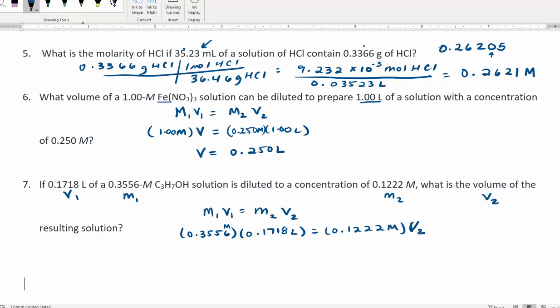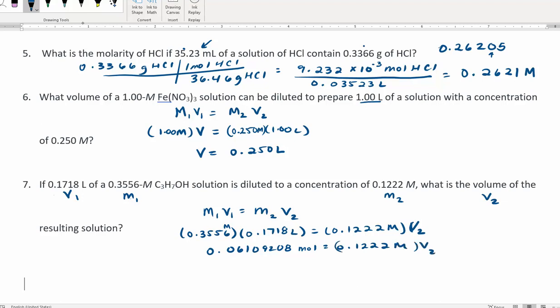So first I multiply my 0.3556 by 0.1718, and I get a value of 0.0610928, and I'm giving you all of those digits on purpose so that you can double check your calculating. But that is not correct significant digits.